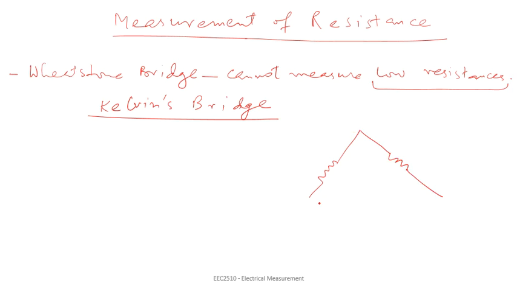Let's suppose these are 4 arms. This is the galvanometer.